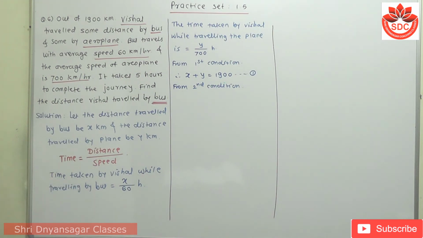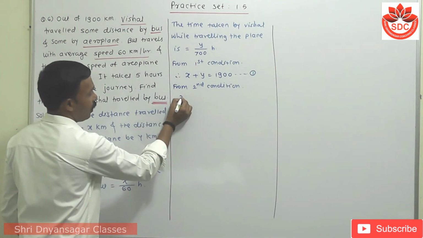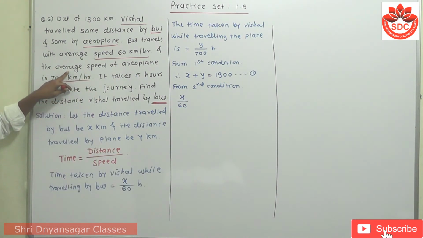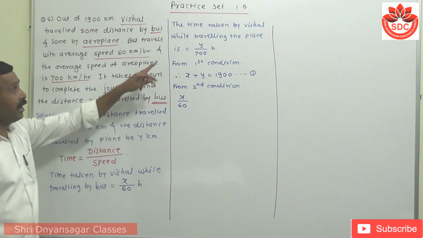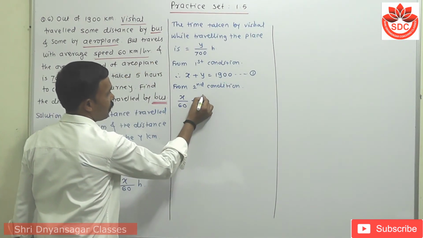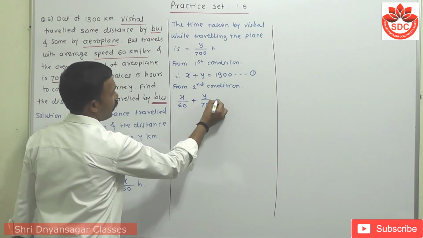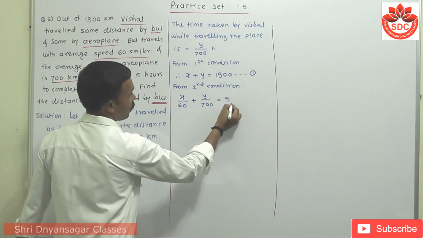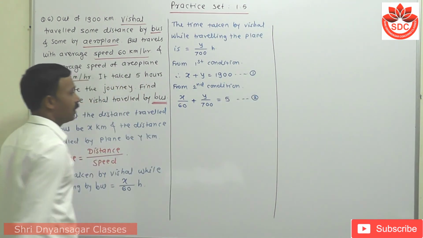The time taken by Vishal while traveling by bus is x upon 60 and the time by the plane is y upon 700. So x upon 60 plus y upon 700 is equal to the total time, 5 hours. Suppose this is equation number 2.